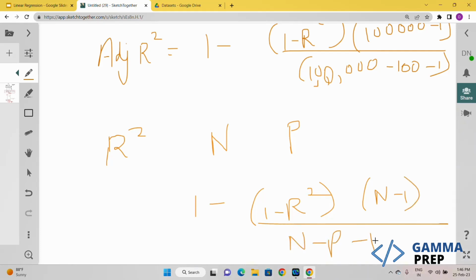Okay, that is what your adjusted R square is. And it turns out to be lower than R square, and this should be used when the number of features are high. Because when your features are high, R square is automatically high, maybe giving us an illusion that the model is good, but maybe it's not good. It's just that the number of features are high.